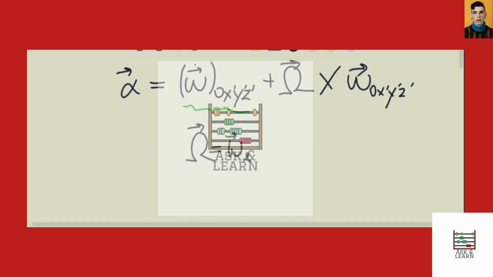An observer on this rotating frame won't see any change, any rate of change for the angular velocity of the rotor. So this goes to 0, and the only angular velocity that a rotating observer will see is just the one for the rotor.